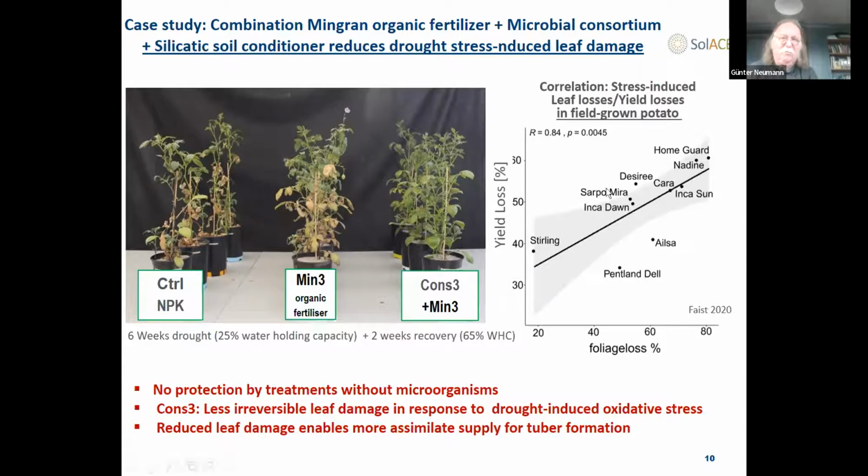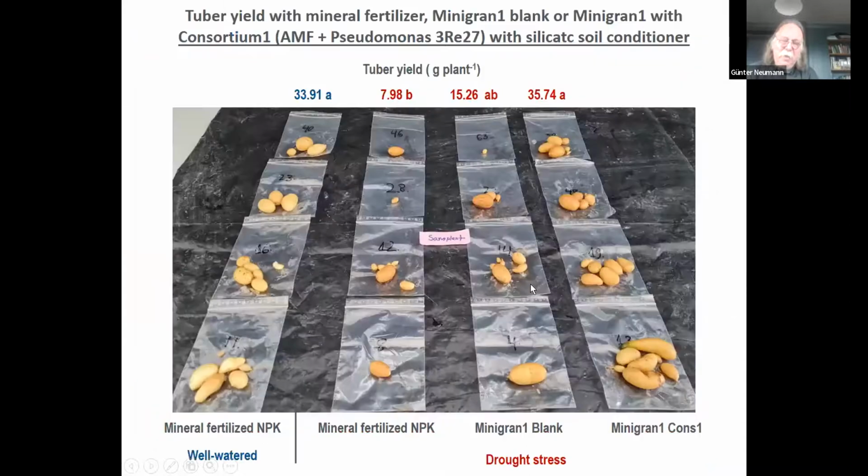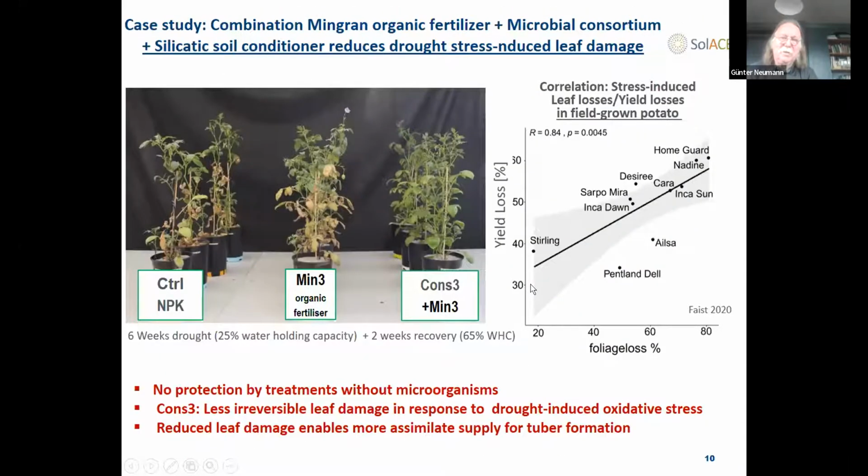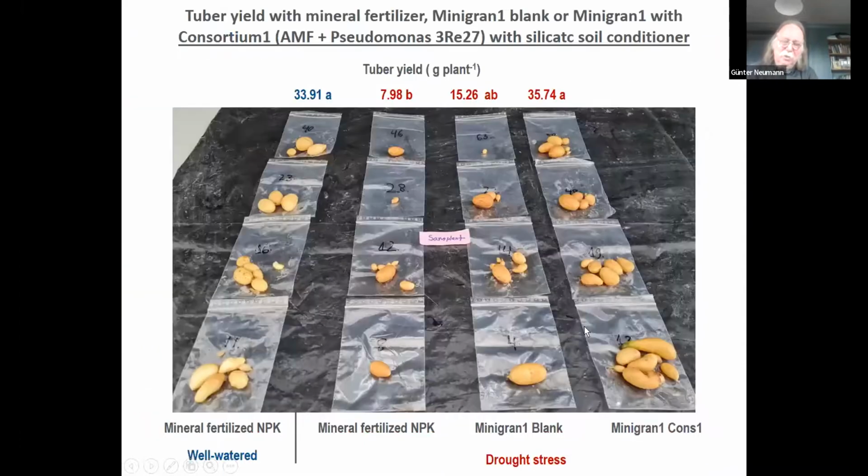And also field experiments from other groups show that there is a close correlation between the loss of leaf area by, for example, damage or pest attacks and the yield losses. So a positive correlation: with increasing foliage loss, increasing yield losses.